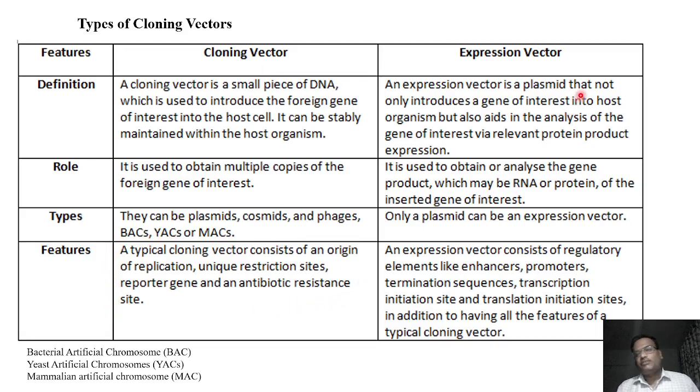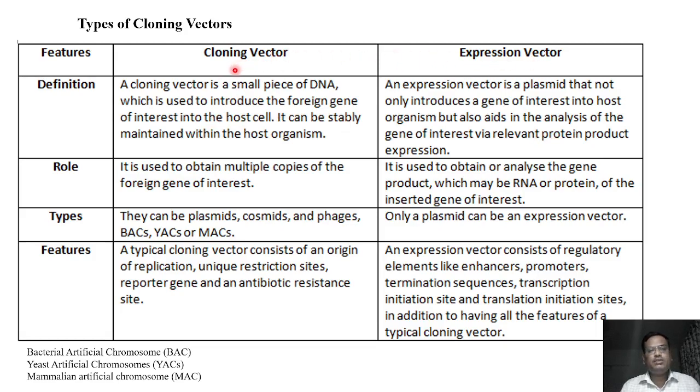So let us come to the expression vector. An expression vector is a plasmid that not only introduces a gene of interest into the host organism, but also helps in analysis of the gene of interest via relevant protein product expression. So this is the main difference between cloning and expression vector.